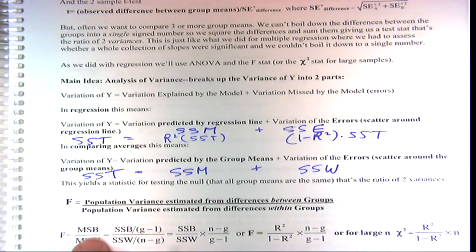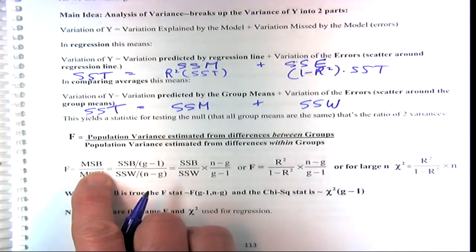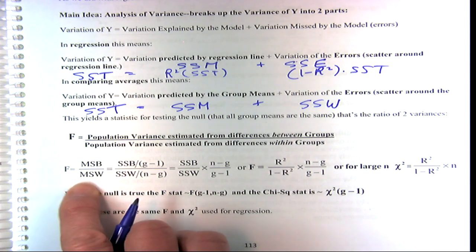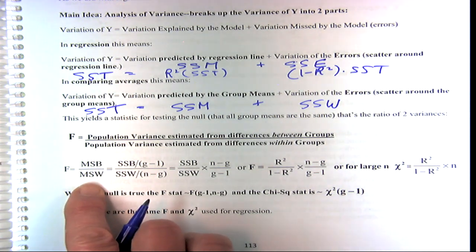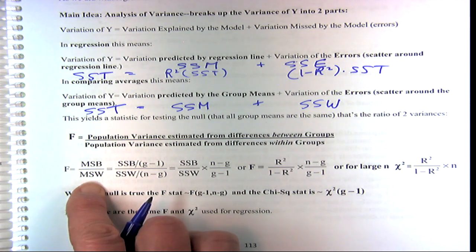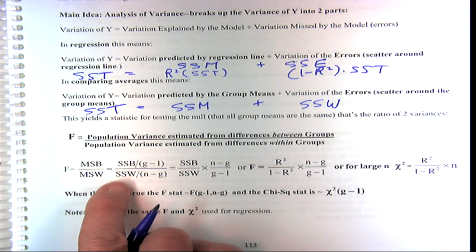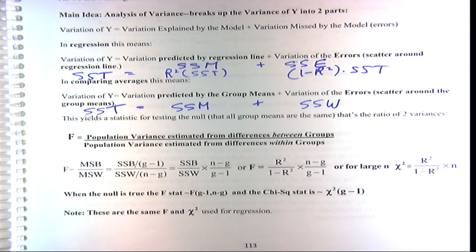And so this is your mean square model. This is based on the group means over how much variation there is within the group. Look, if everyone who was white got exactly the same final exam score, then you could easily predict, hey, you're white, you get that. But obviously, there's a lot of error around the group mean.